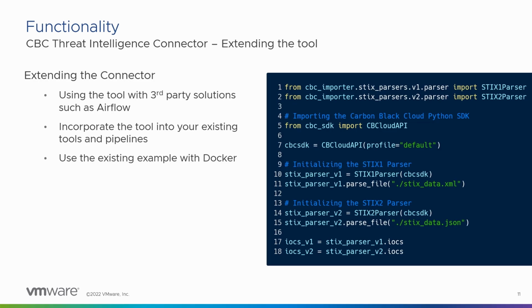That's why I've included an example here of how to use it as a module with some code. You can also use the existing example with Docker in the repository for the threat intelligence connector. We have an example of how to run the connector with Docker, and we also have a guide in the developer network on how to do that.